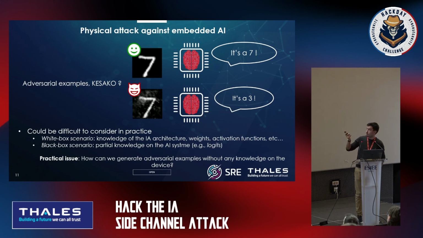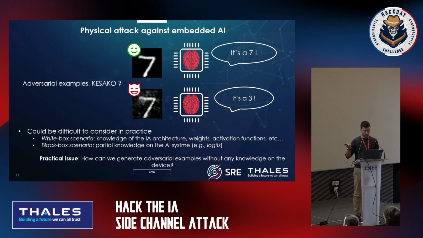Here, for example, what we want is to retrieve a figure in an input, so we have 10 classes from 0 to 9. The logits here characterize the confidence of the neural network in predicting each of those figures.